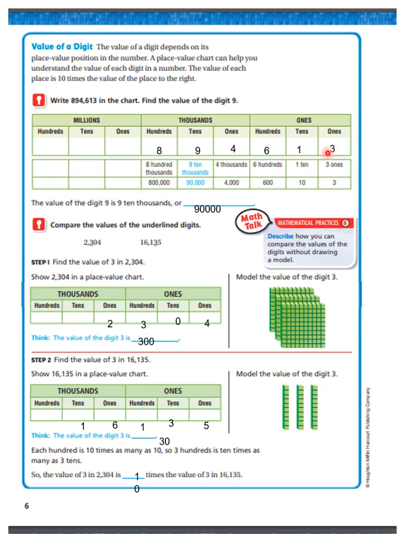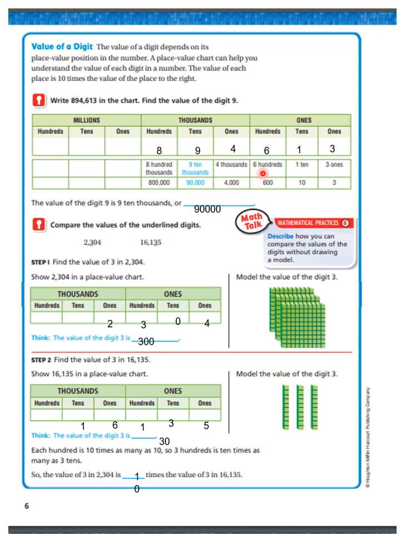So if I look at this, I have 800,000. I have 9 10,000s, so that's 90,000. I have 4 thousands, that's 4,000.